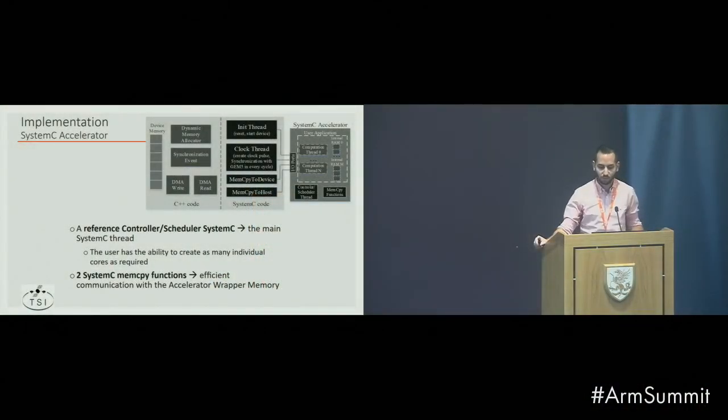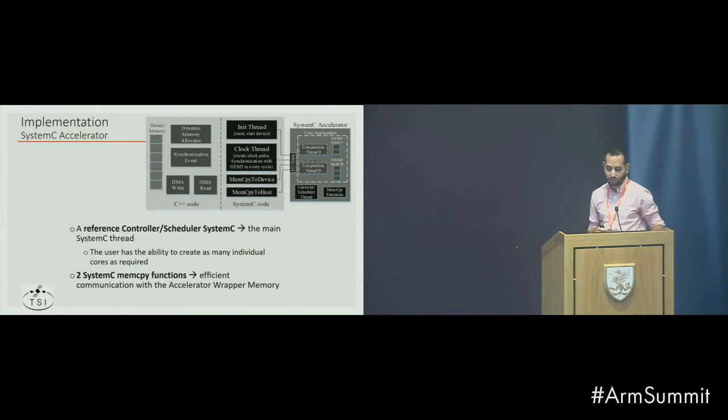And finally, 2 memcpy SystemC threads are developed to pass the data from the wrapper device memory to synthesizable input-output ports. In addition, a reference SystemC accelerator has been developed to evaluate the accelerator wrapper and the Linux kernel drivers. This is a helpful guideline for designers to develop their own SystemC accelerators. The SystemC accelerator consists of a main SystemC thread and 2 SystemC functions.